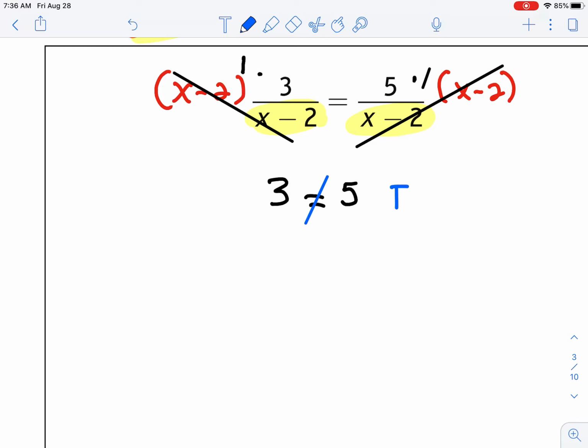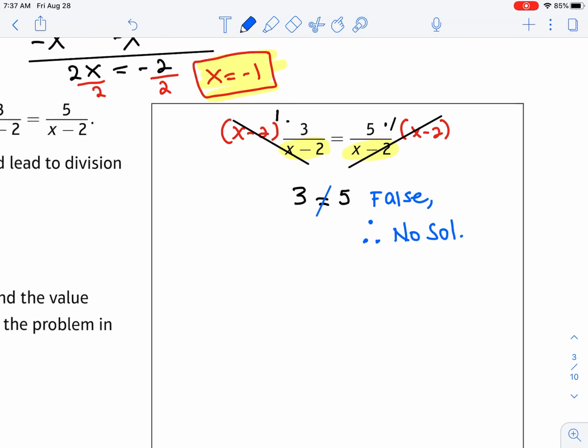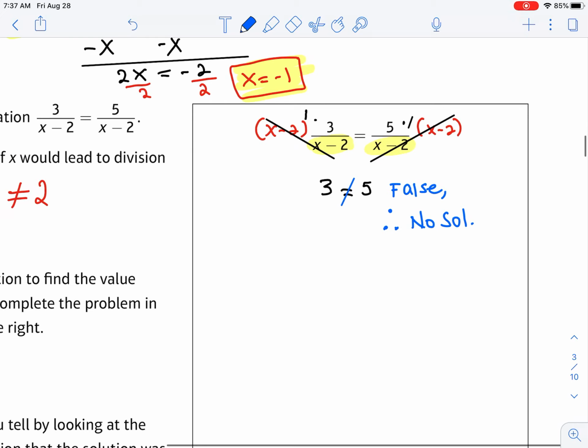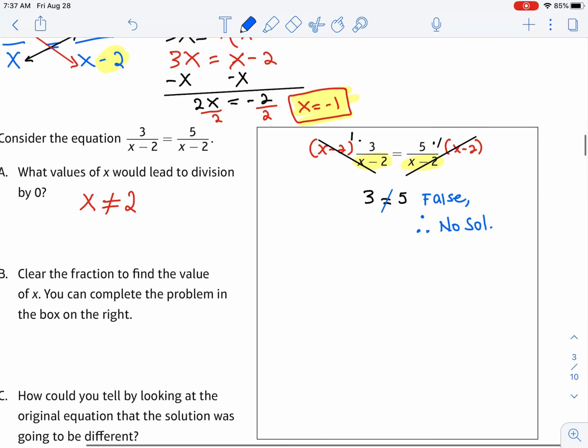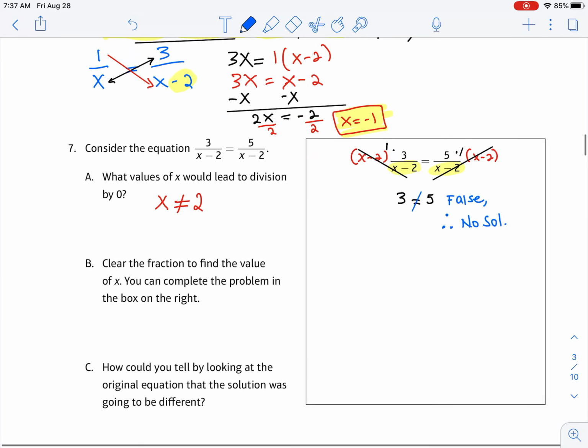That is not true. That is false. Therefore, there is no solution. Okay? Which makes sense because if you have any fraction over the same number and the numerators are different, you're going to have different values, and it's not going to be equivalent expressions.